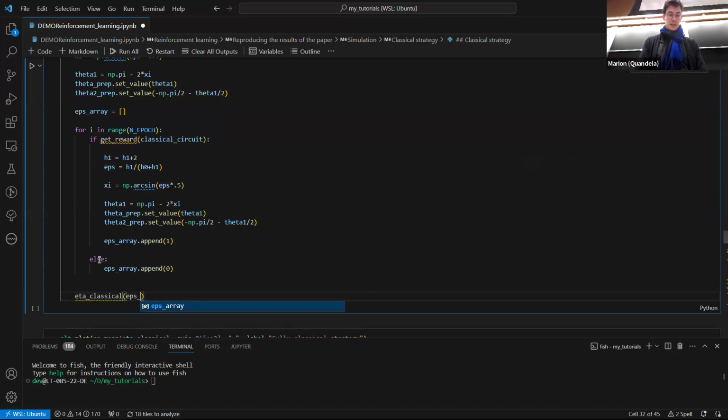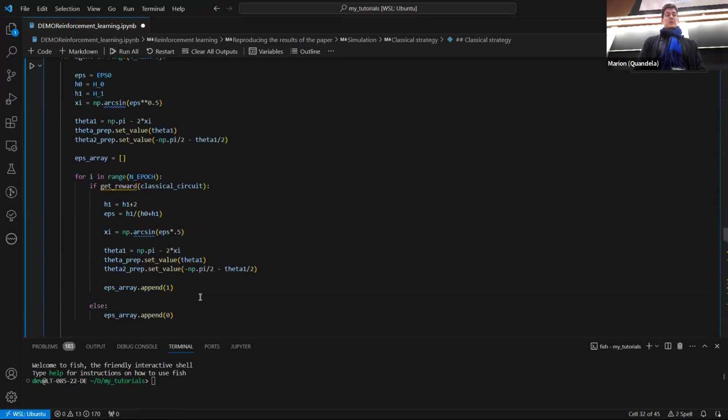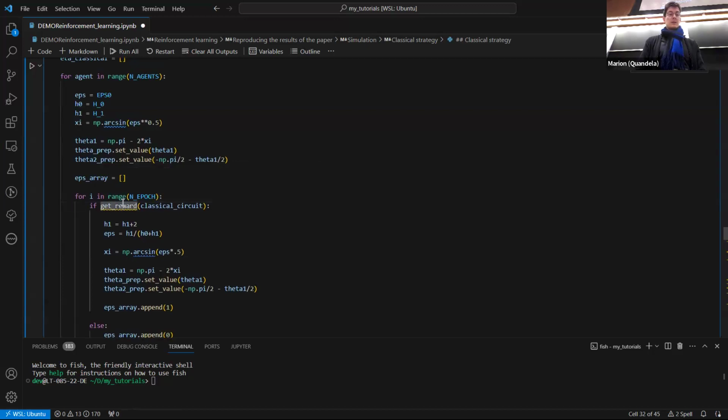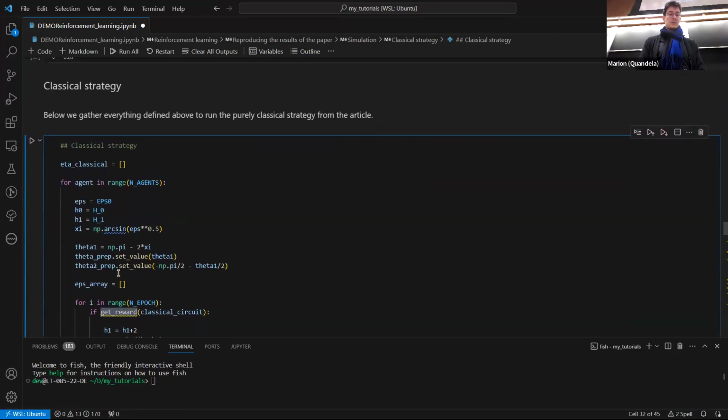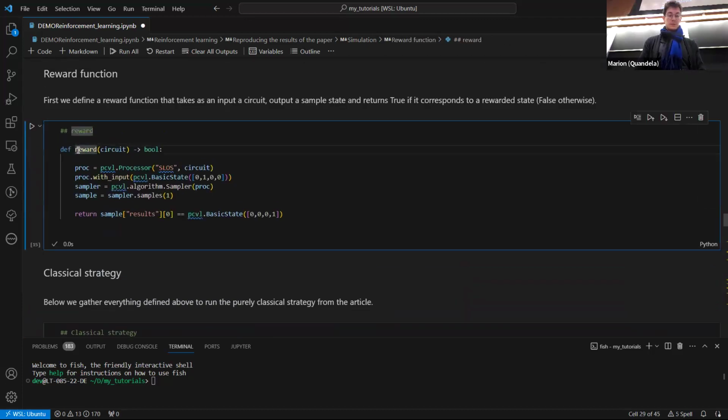So basically the reward for each agent, right? And then we are going to average what's in eta classical to get an average reward. Does this work? No, I get a get reward here. Ah, it's just reward. I'm going to call that get reward.